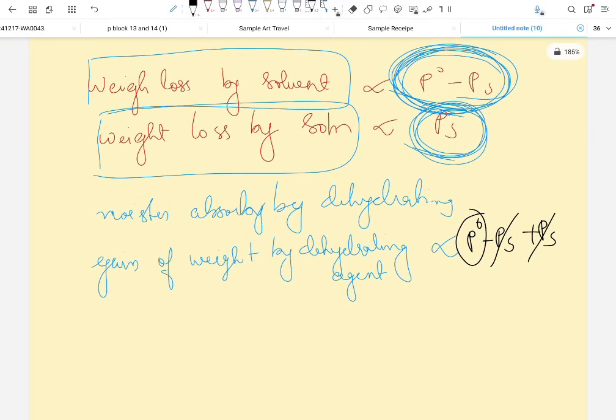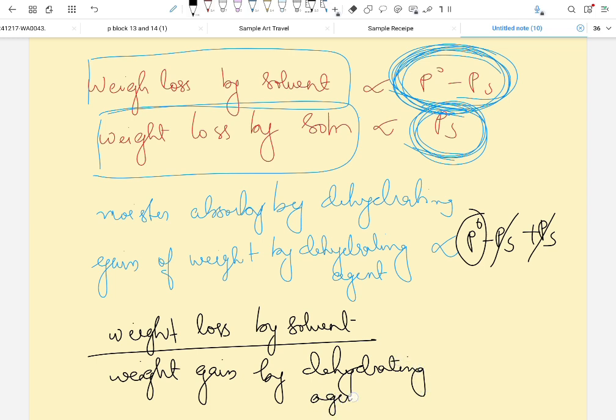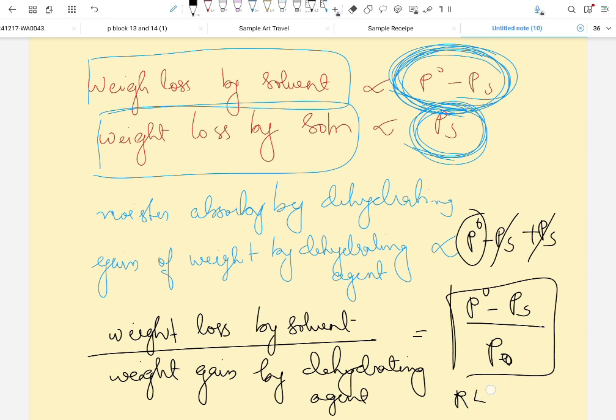Now if I take the weight loss by solvent divided by the weight gain by the dehydrating agent, it will be equal, because we are taking the ratio, to P0 minus Ps divided by P0, which is called the relative lowering in vapor pressure.